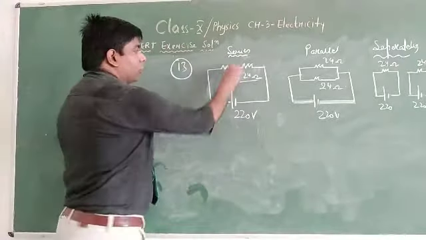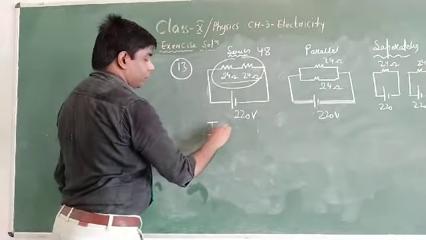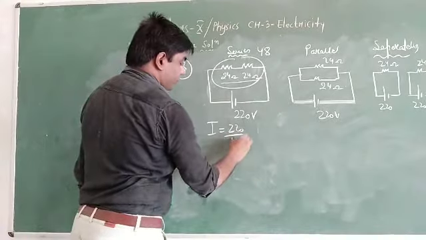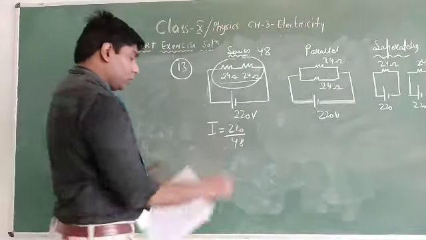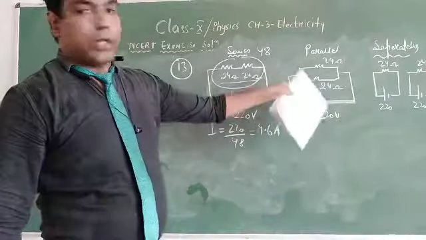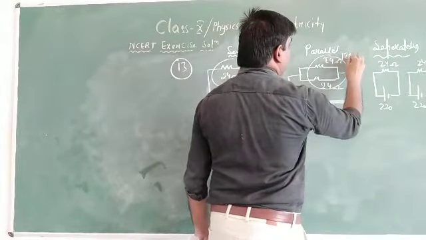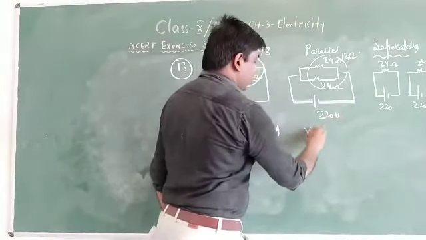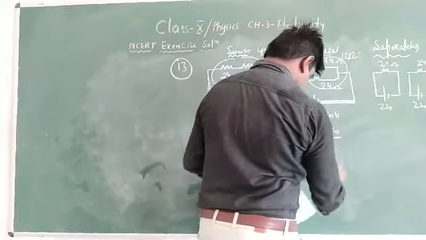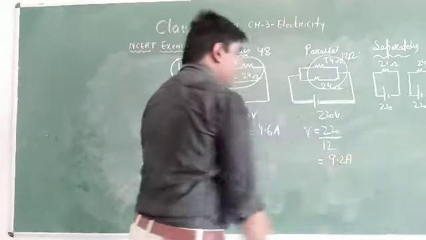In series, this will be how much? I is equal to V by R. That is equal to 220 by 48, which is 4.6 A. Here both are in parallel, so resistance will be 12 ohm. So I is equal to V by R, which is 18.4 A.